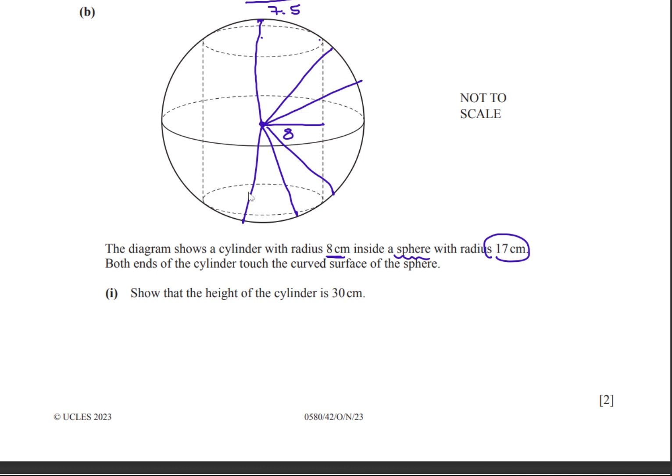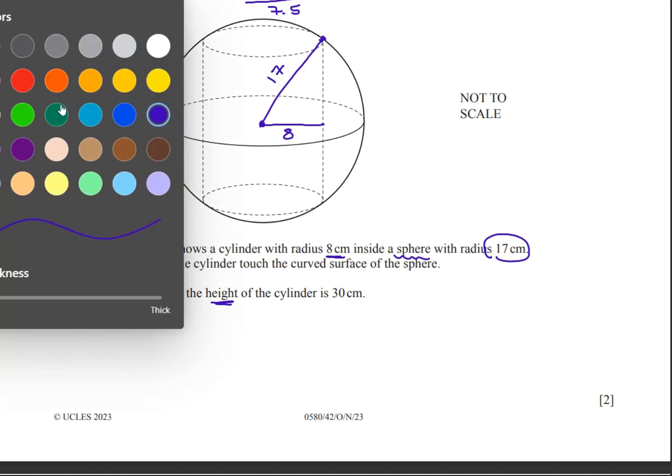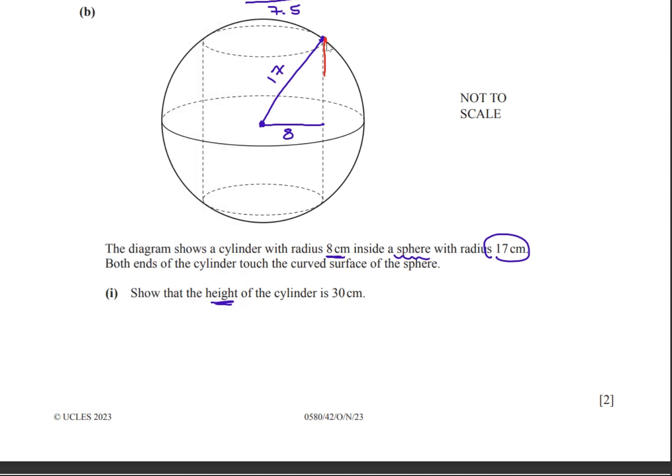Okay, which one back? He needs us to show that the height of the cylinder is 30 centimeter. So I need to involve the height with the 8 and with the 17 centimeter. So look here, from this point, this is the 17 centimeter. Why? Because I can put them in a right angle triangle like this and get this part, which is half the height.